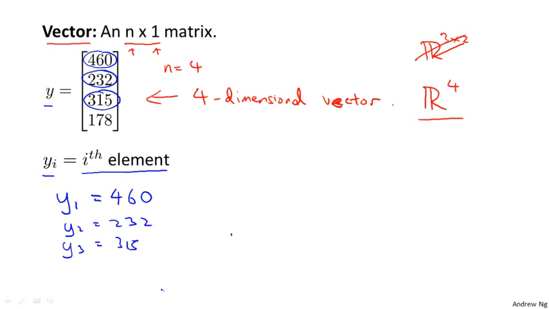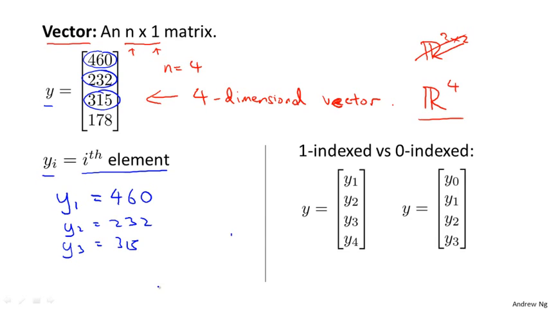Also, it turns out that there are 2 conventions for how to index into a vector, and here they are. Sometimes people will use 1-indexed and sometimes 0-indexed vectors. The example on the left is a 1-indexed vector, where the elements we write as y1, y2, y3, y4. And the example on the right is a 0-indexed vector, where we start the indexing of the elements from 0.